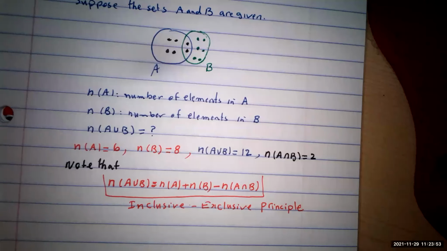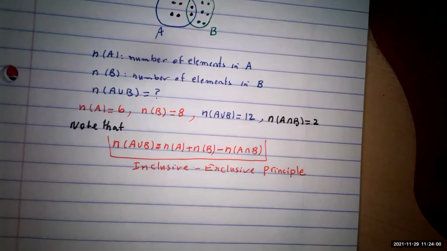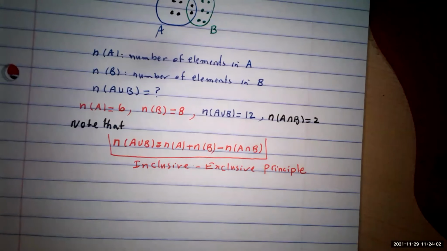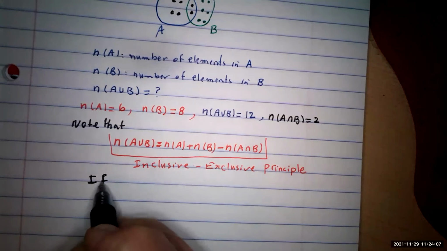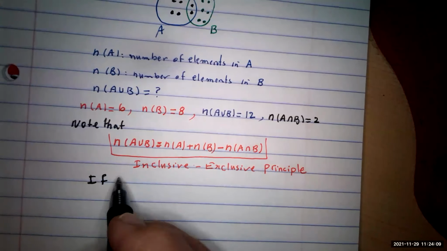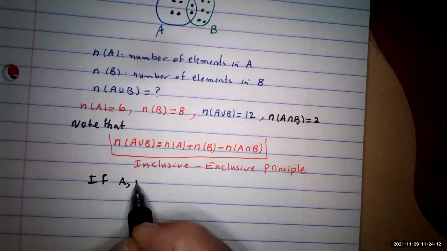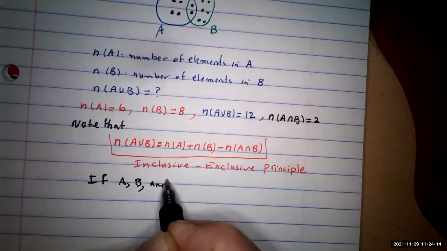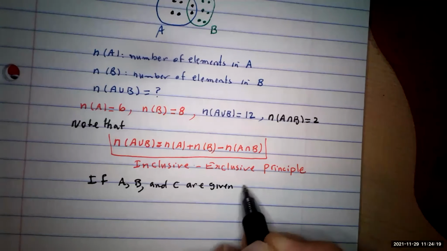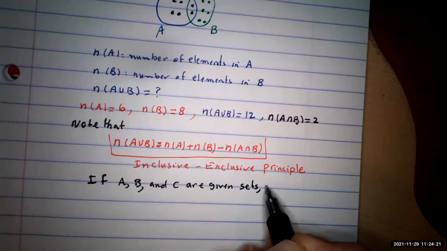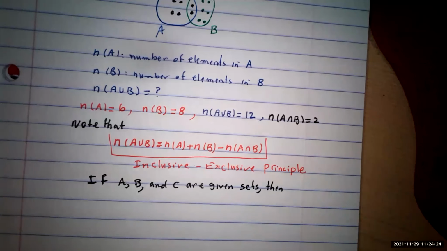Now, this is just for 2 sets. We can extend it to 3 sets, because we need it, and in general to 4 sets, n sets. More generally, suppose you give me 3 sets A, B, and C. Let's see what happens.